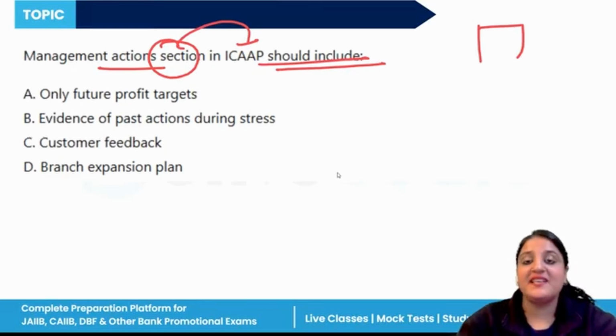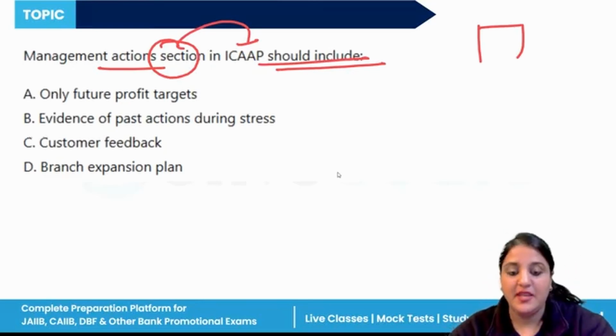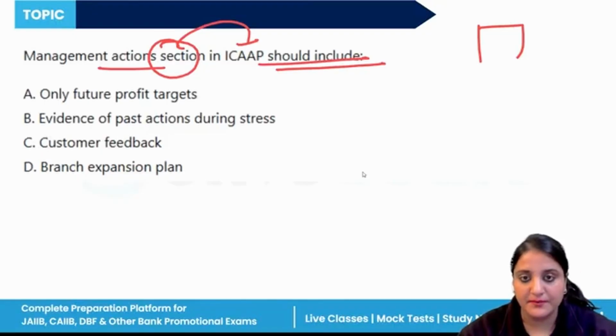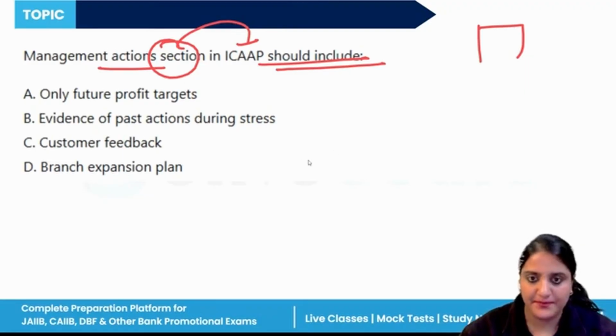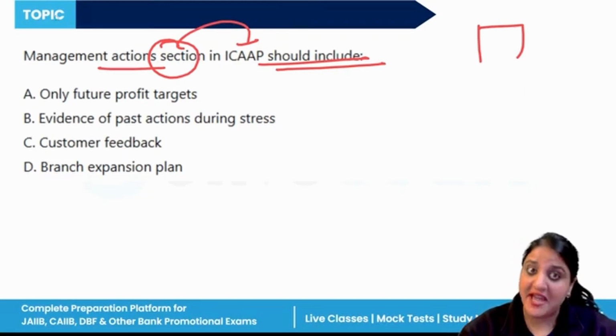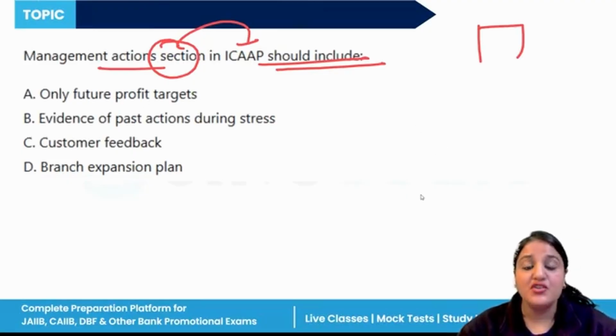ICAP must explain these actions. These sections must include quantitative impact of the management actions, sensitivity testing, and past evidence. So if management does nothing, what happens? And if management acts on time, then what improves? So that is the thing.